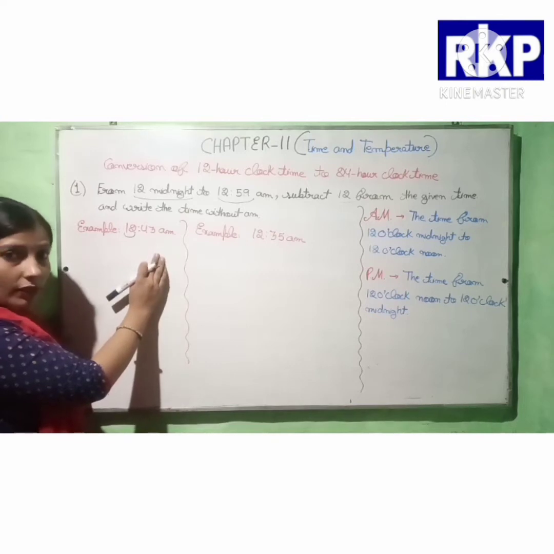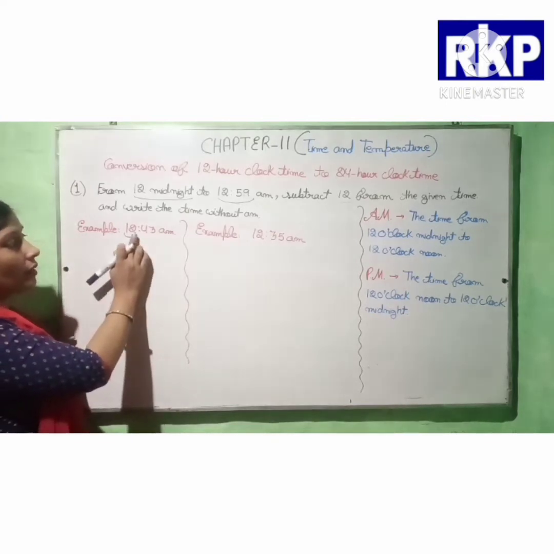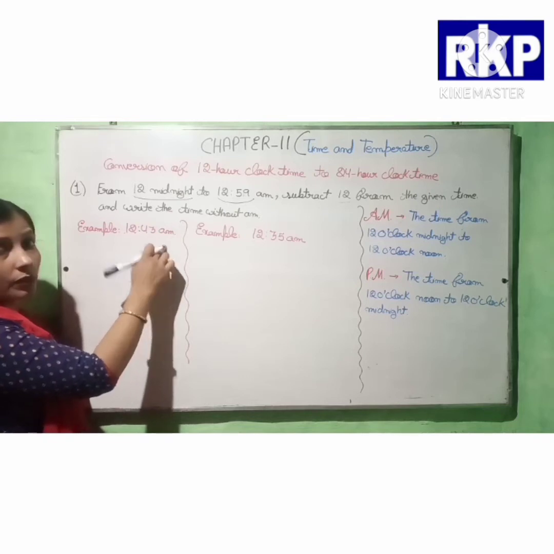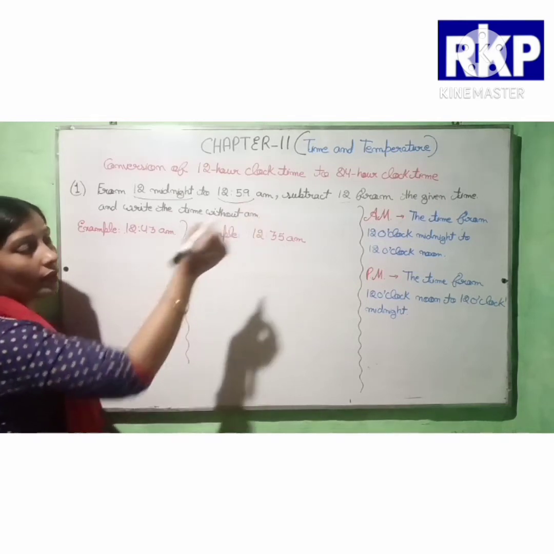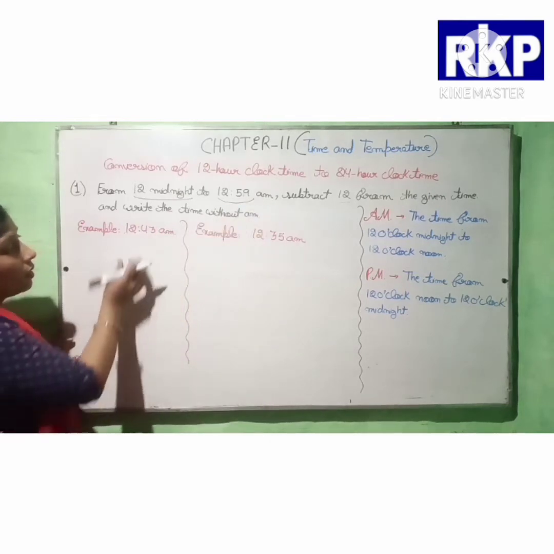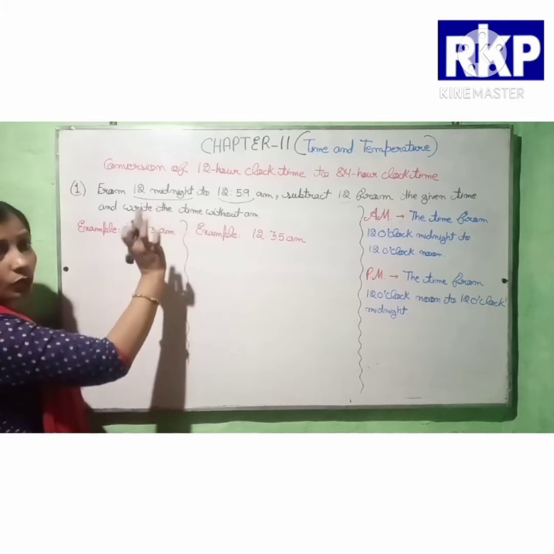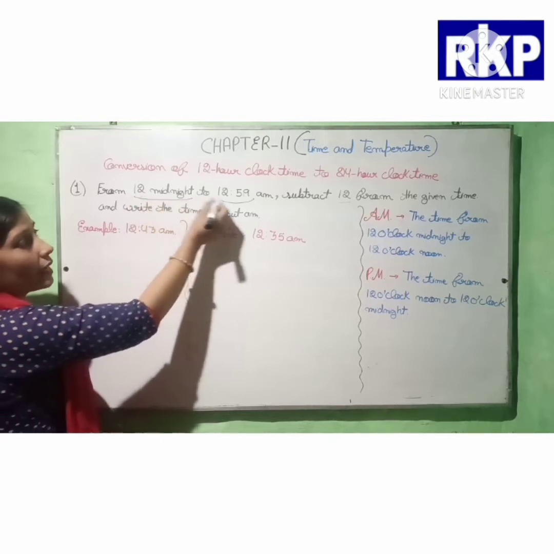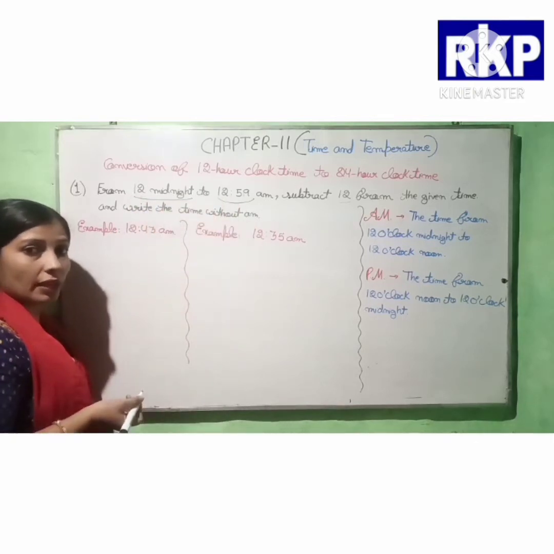Here let us take one example to understand it. Here we have to change 12:43 am into 24-hour clock time. So here, according to the rule, our time is between 12 midnight and 12:59.